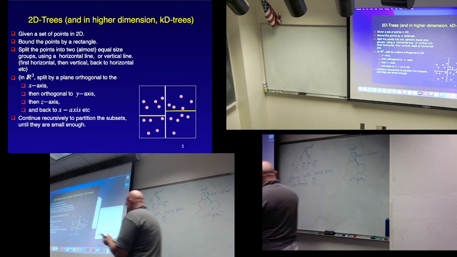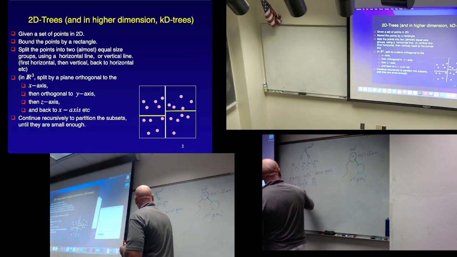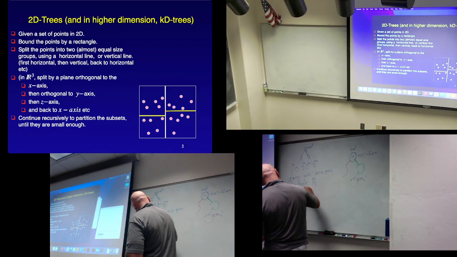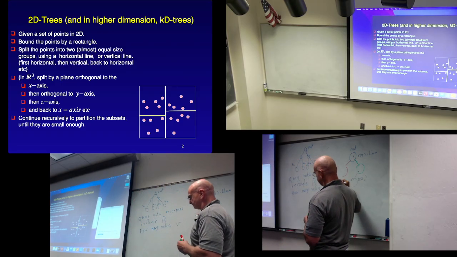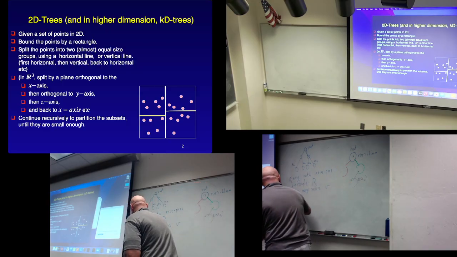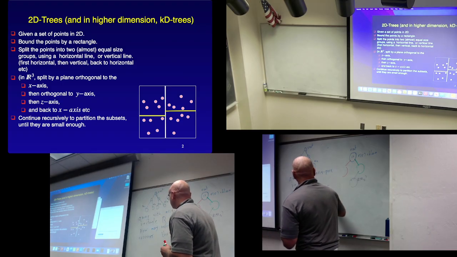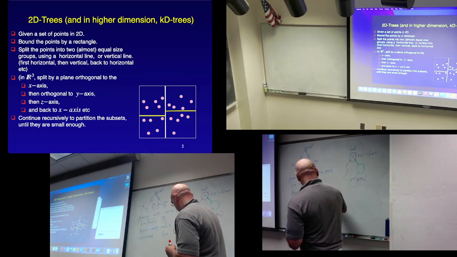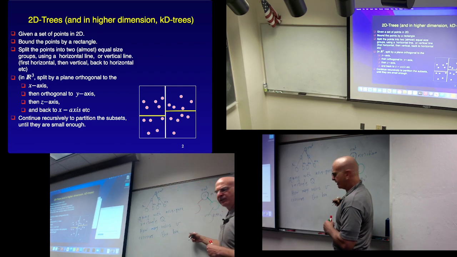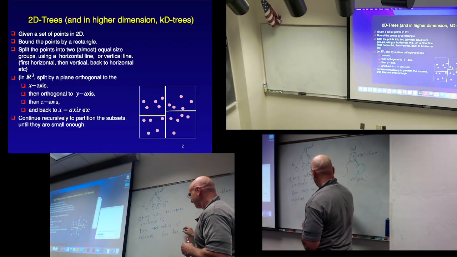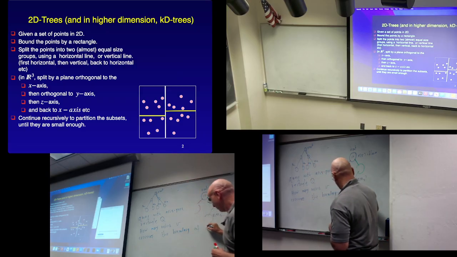So my real question is, how many nodes V cross the boundary of the query rectangle Q? It's still a rectangle. So how many nodes V cross the boundary of Q?